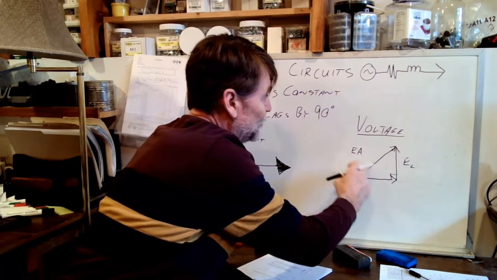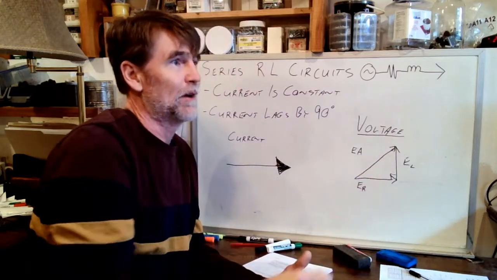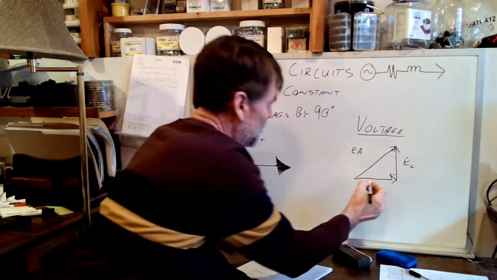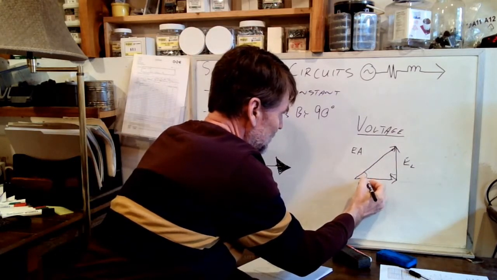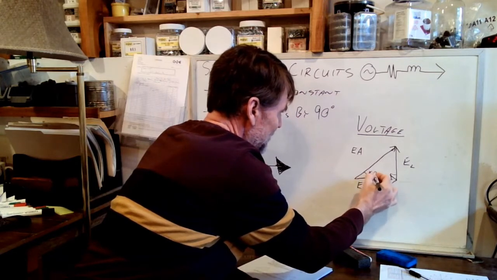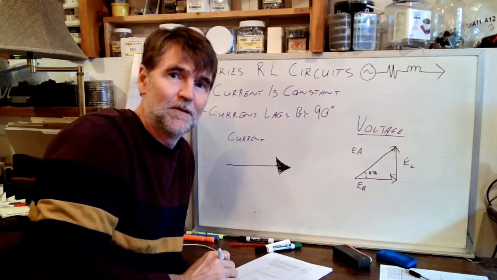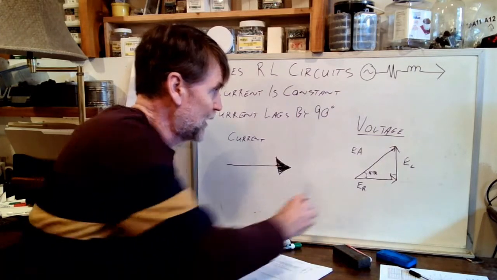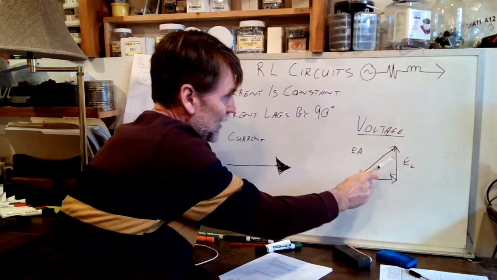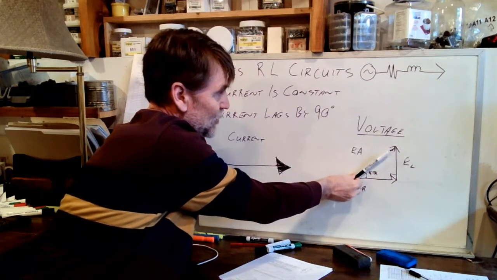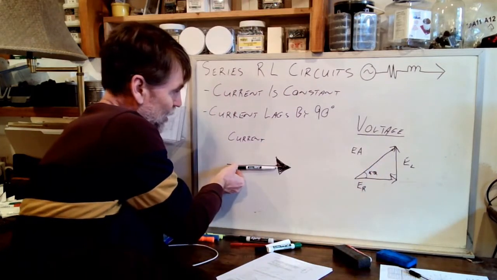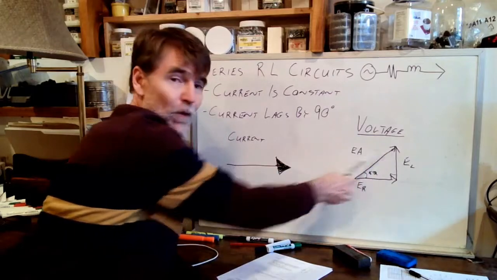In terms of the right angle triangle, we need an angle theta. That's this angle right here, angle theta. This represents the phase shift in our circuit. That angle theta tells us the degree to which the current lags the voltage.